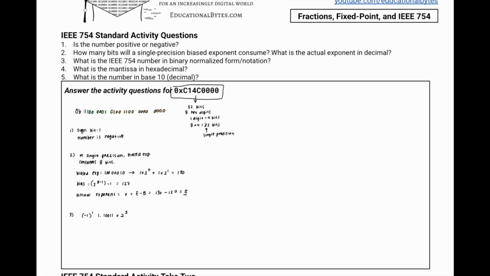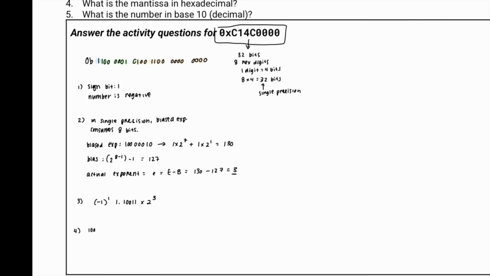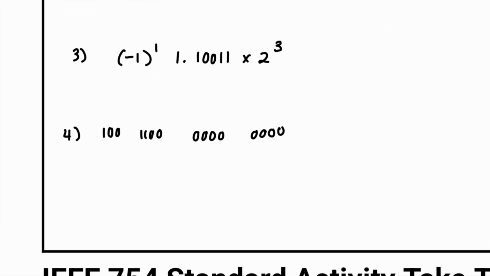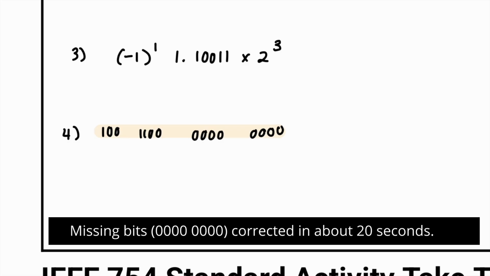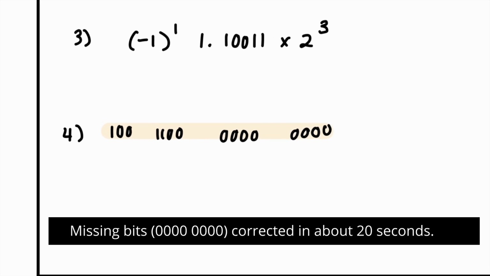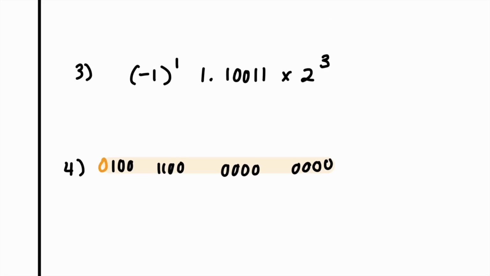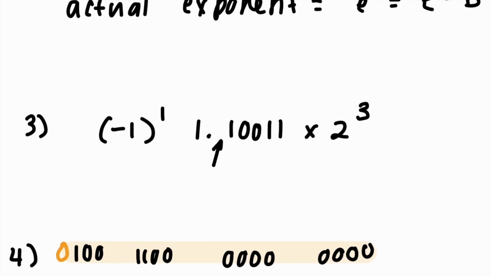Now let's get the mantissa in hexadecimal. This is the mantissa that we had found earlier. Notice that we don't actually have an even multiple of 4. We only have 23 bits for a mantissa, but we can pad with a 0 in the front when we isolate our mantissa and we're converting it to hexadecimal. However, if you're looking at the normalized format, you cannot pad with a 0 in the front.